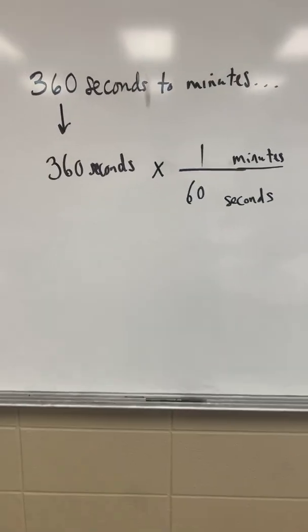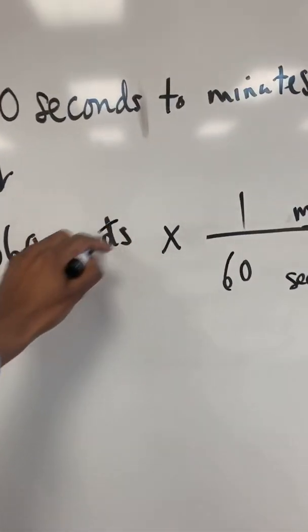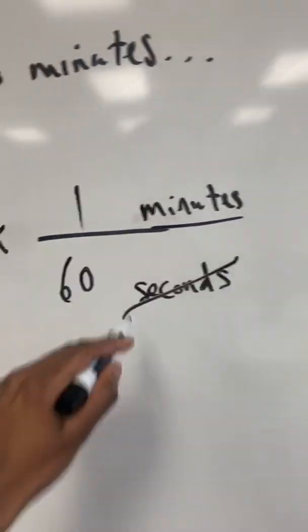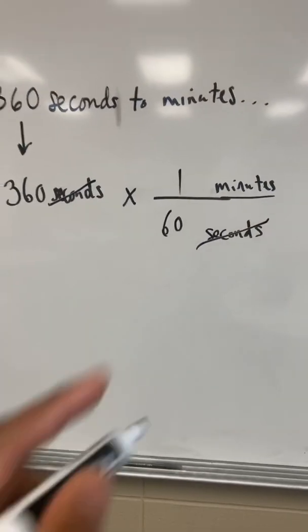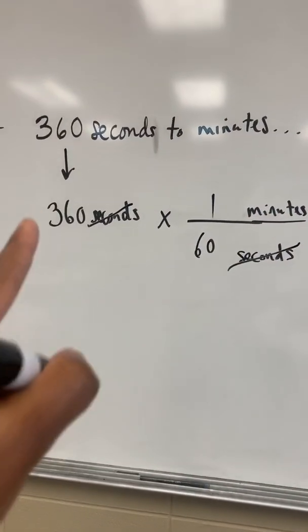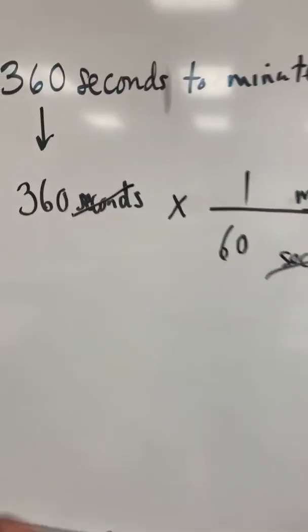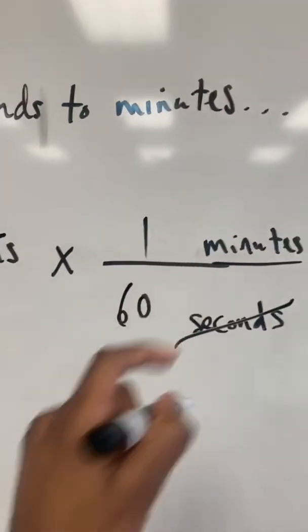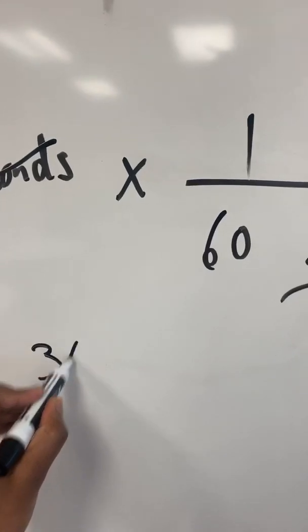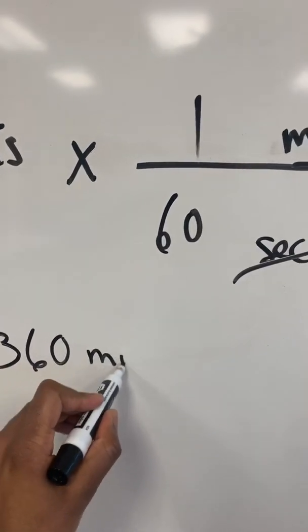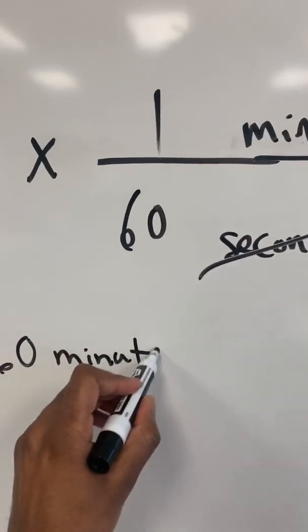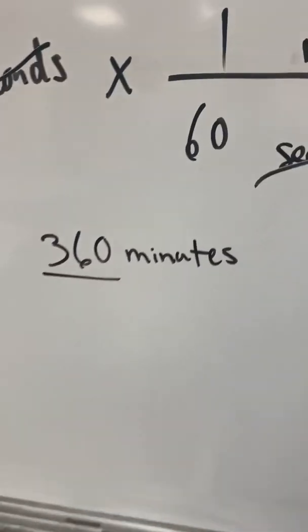All right, so the seconds, this one crosses out that one. And what I'm left with is minutes only, right? So all I do is multiply straight across the top. If I multiply 360 times 1, I have 360 minutes, right?